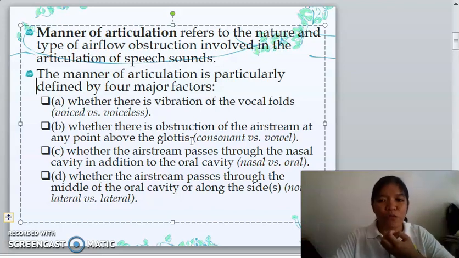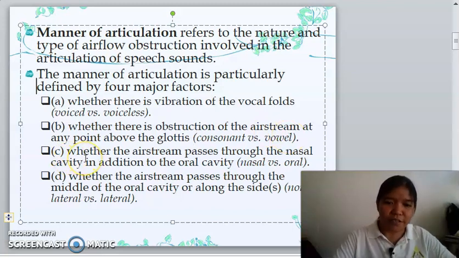But when we produce the sound and our oral cavity is open, there are no two oral cavities that are closed or that are approaching together, it is called vowel. Say, for example, A, E, I, O, U. There is no two oral cavities that meet, so it is vowel.